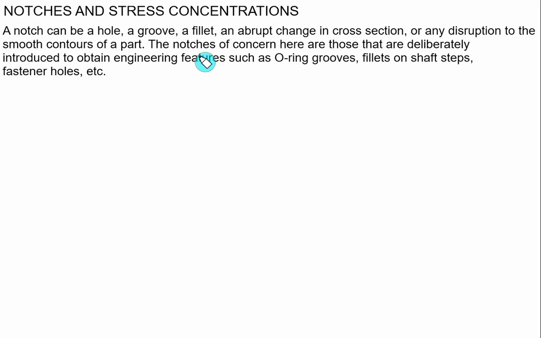The notches of concern here are those deliberately introduced to obtain engineering features such as an O-ring. For that you have to make a semicircular groove, then a fillet on a stepped shaft to reduce the stress concentration, fastener holes, etc. It is assumed that the design engineer will follow good design practice and keep the radii of these notches as large as possible to reduce the stress concentration factor. The geometric, that is the theoretical, stress concentration factor Kt for normal stress, and Kts for shear stress, we have already discussed.